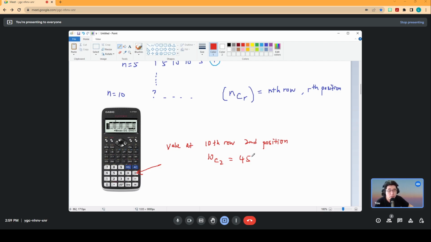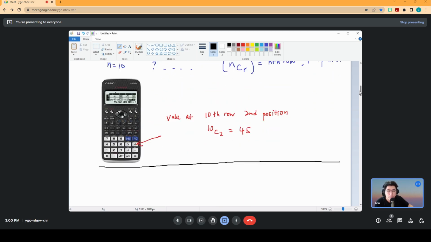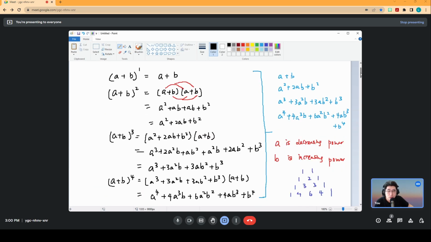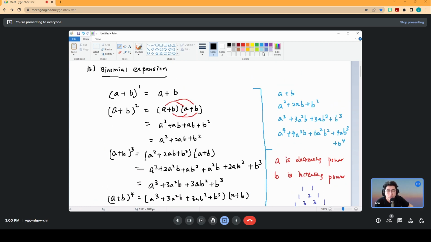That means we can get this number easily. So this is a way for us to read the form, and this is the very first part of understanding.